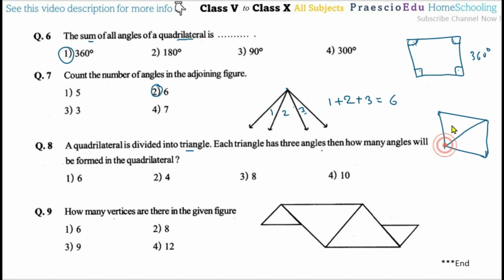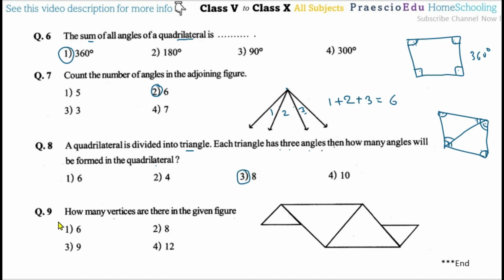One diagonal gives 2 triangles. Each triangle has 3 angles, so counting 1, 2, 3, 4, 5, 6, there are a total of 6 angles. So option number 3 is the correct one.